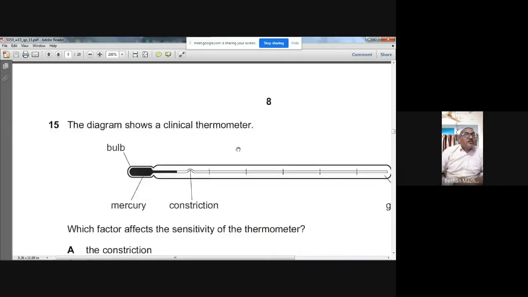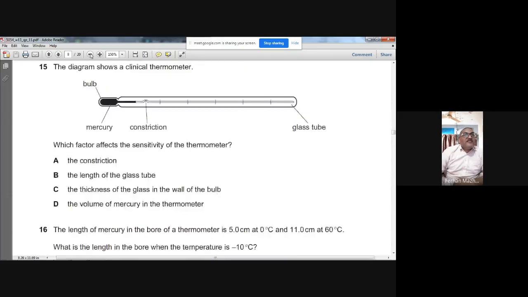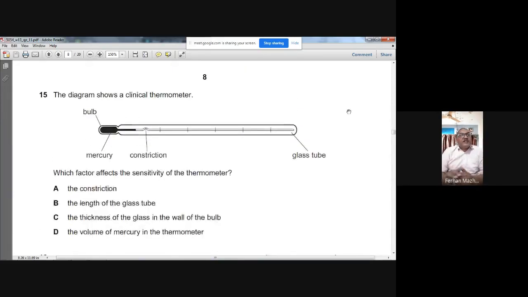Now the next question, number 15. He has shown us the diagram of a clinical thermometer. Which factor affects the sensitivity of the thermometer? Sensitivity of the thermometer depends upon the bore of the capillary. It also depends upon the amount of the mercury.